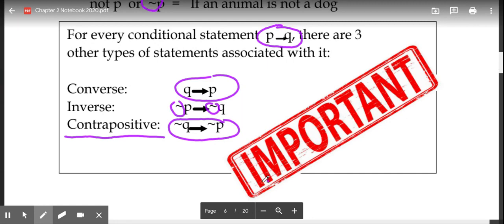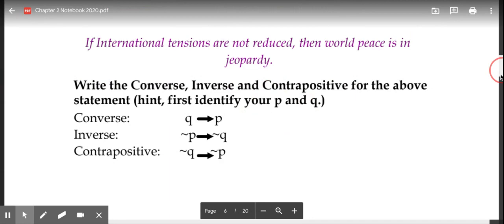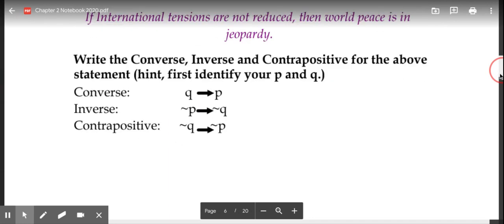Okay, so let's look at one example. The example we have for you is, if international tensions are not reduced, then world peace is in jeopardy. Okay, so that's your conditional statement.